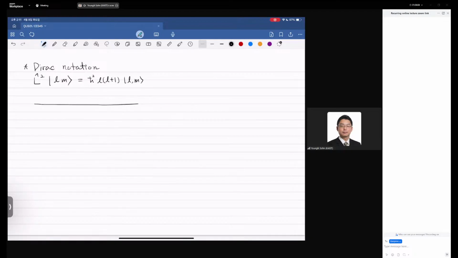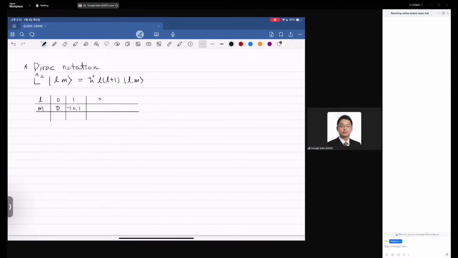As I've mentioned, L and M have a special condition. So let me draw a table, L and M. For L equals 0, given the condition on M and L's relative size, M is limited to 0. For L equals 1, there are 3 possibilities.